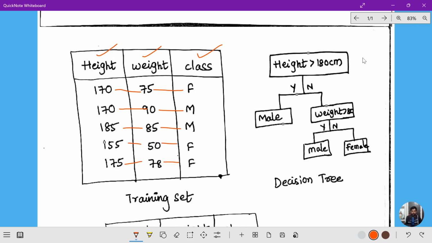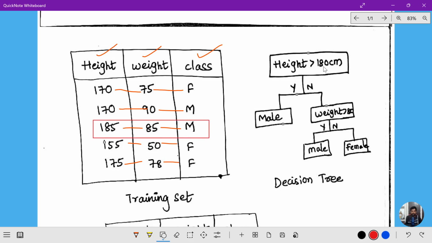Now I am going to draw a decision tree for this. If you observe here, there are 2 categories, one is male and the second one is female. Height is greater than 180. You observe, when the height is greater than 180, this is called male.